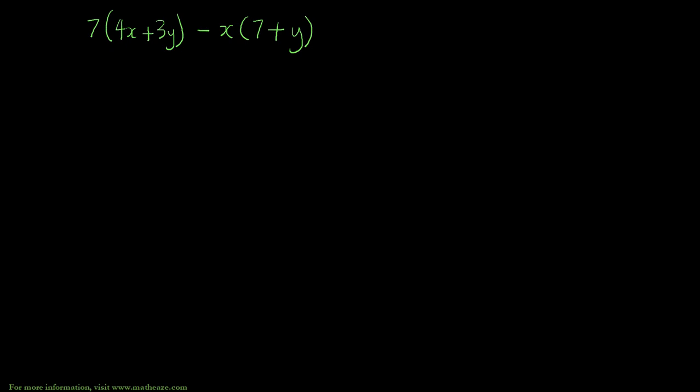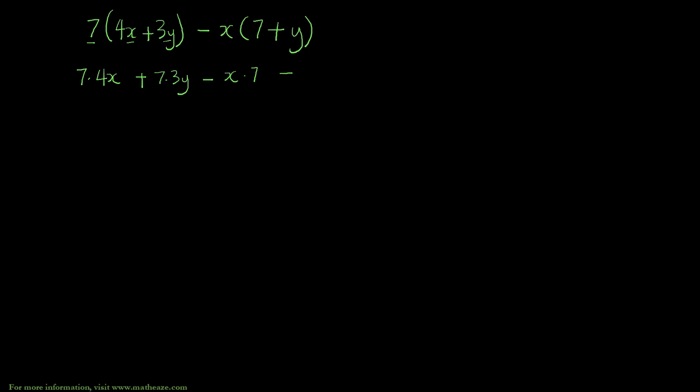Remember, the property of distribution with regards to multiplication is that when you have two terms added together, and you have the sum multiplied by another number, the outer number is multiplied by each term. So we have 7 multiplied by 4x, plus 7 multiplied by 3y. Same applies here, minus x multiplied by 7.